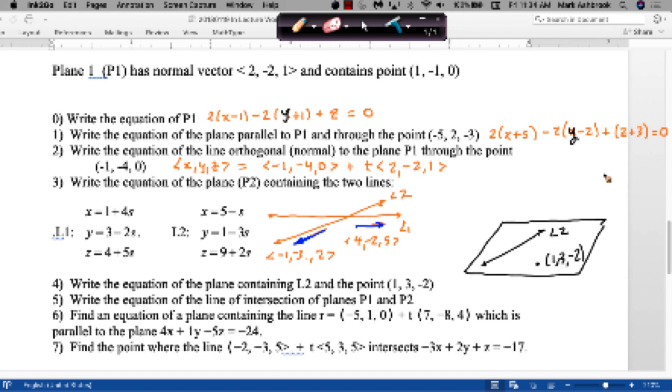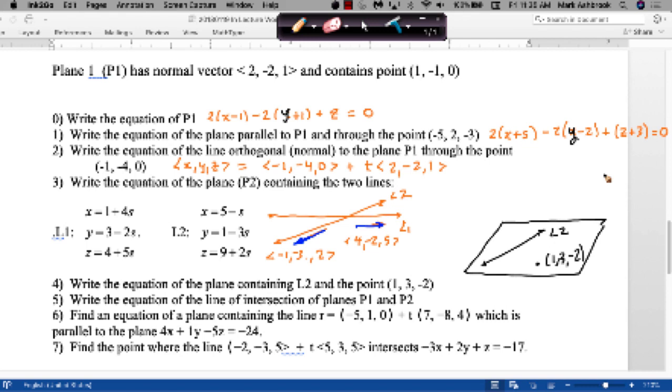So now I've set up some pictures for 3 and 4. L1 and L2 are not parallel. We can see that by the coefficients here, the direction vectors of L1 and L2 are not parallel. So if there is a plane, which I'm assuming there is, then these have to be intersecting lines. If they're skew, there'd be no plane.